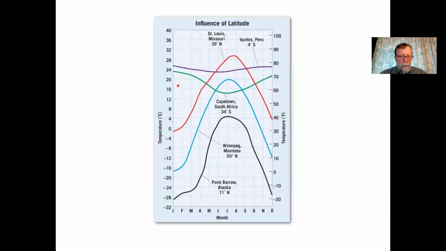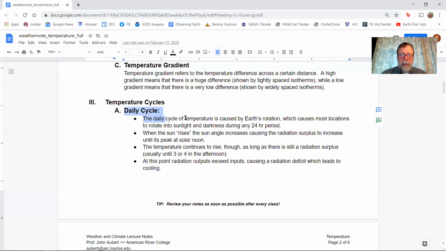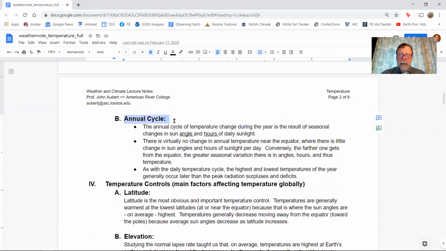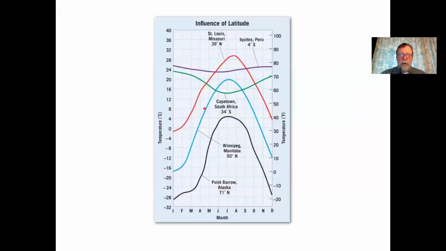One more little item in your notes before we move on to the next thing is annual temperature cycles. So just real briefly, what you see here for a number of different latitudes, and we'll talk about latitude in the next video, but for a number of different locations on Earth, you see the annual change in temperature.